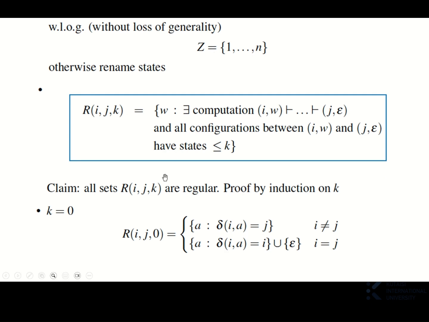Let's say it in words. Rij0 is all the strings that when you start in state i and read this word and finish in state j, all the states that you passed in between are less or equal to 0. All states are numbered 1 to n. There is no state named 0.